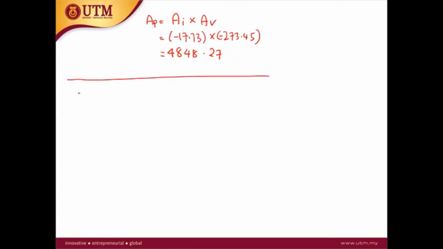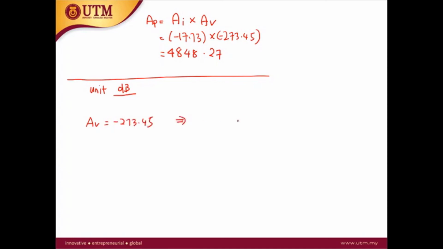Before the end, next I want to do an exercise converting the gain to the unit of decibel. For example, the voltage gain AV is minus 273.45.